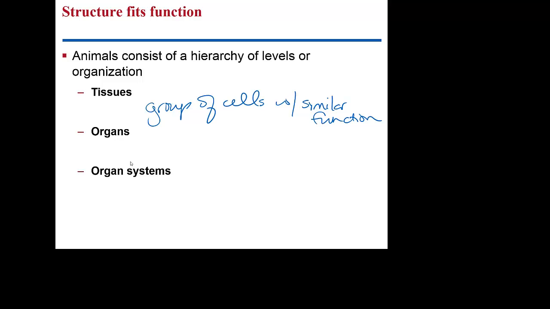Organs have a very specific task. We really can look at most organs as being unitaskers. So why such a specific task and how can they accomplish it? Well, they do it by being made up of more than one type of tissue.